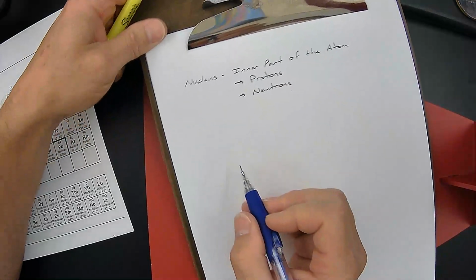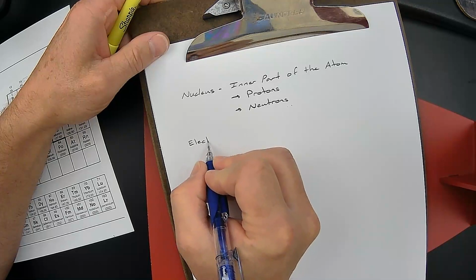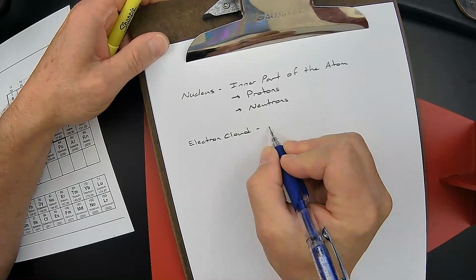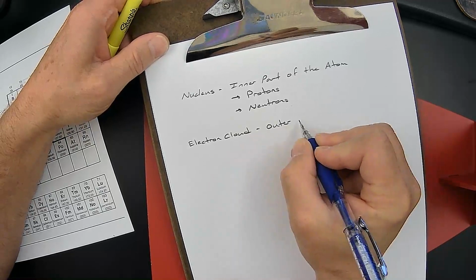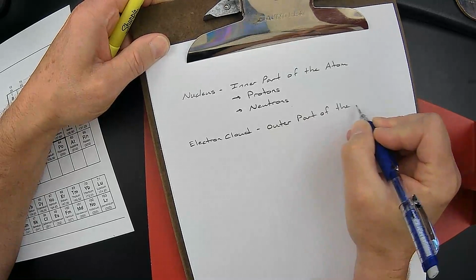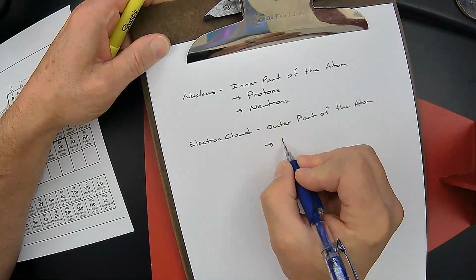So there's an inner part of the atom. That means there must be an outer part of the atom, and that is the electron cloud, the outer part of the atom.